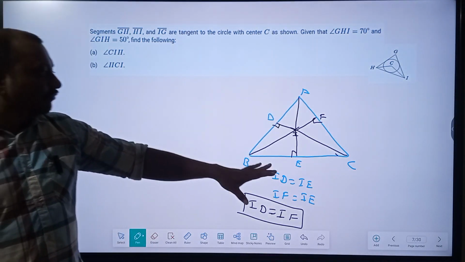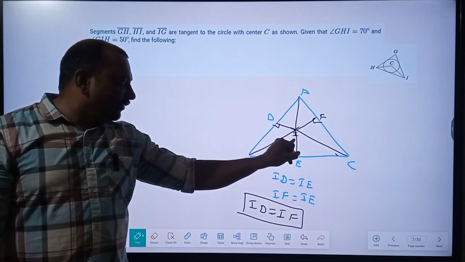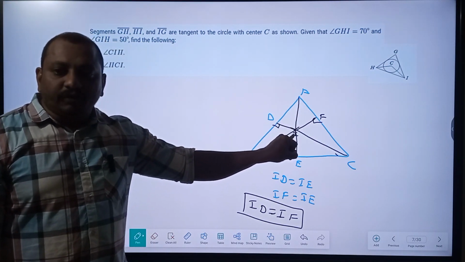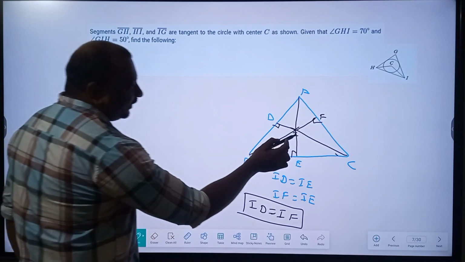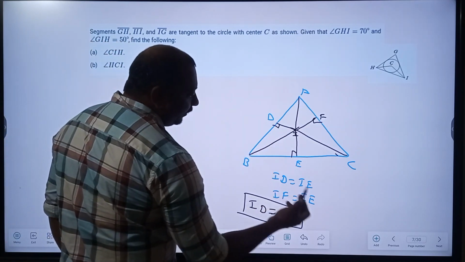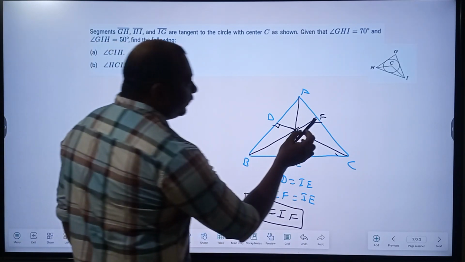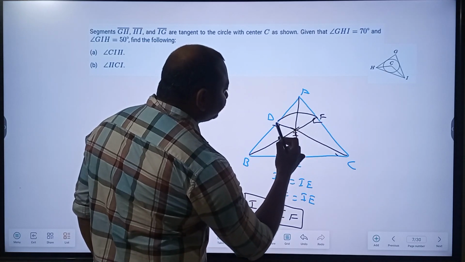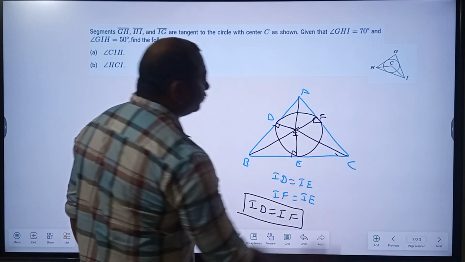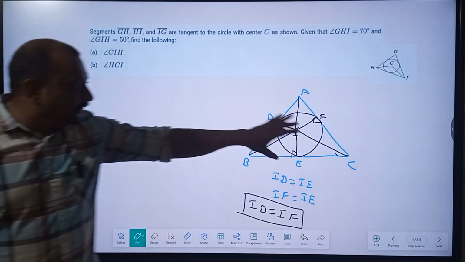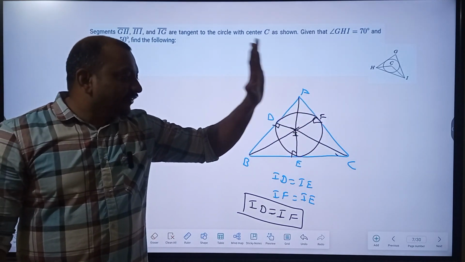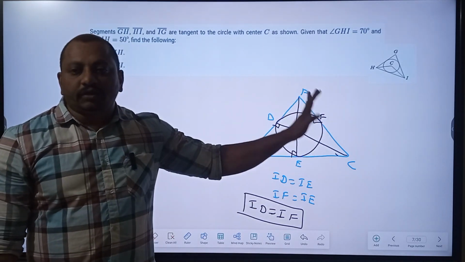The point of intersection of these angle bisectors is denoted by I. If you draw a circle with center I and radius ID equal to IE equal to IF, then the corresponding circle is called the incircle.